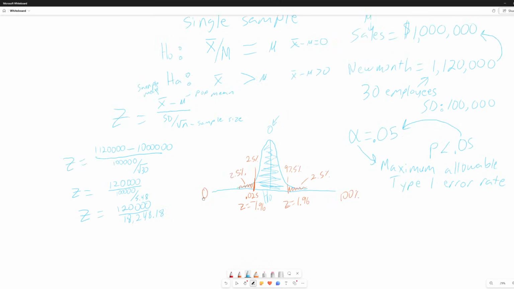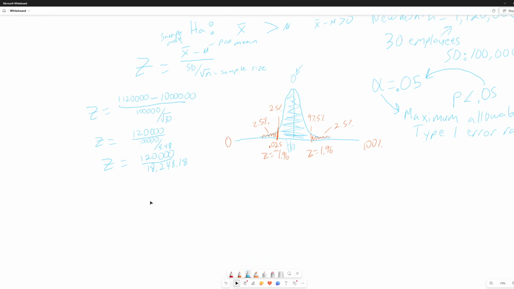Then we solve that last little bit: 120,000 divided by 18,248.18 is equal to, Z is equal to 6.58. Z is equal to 6.58.